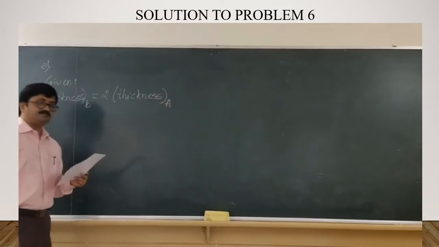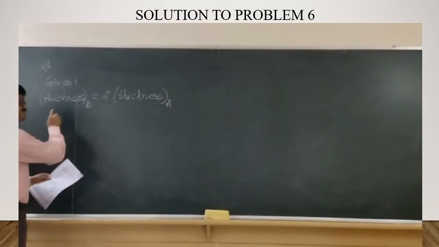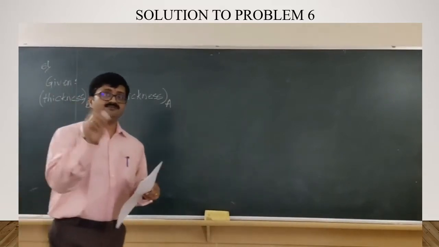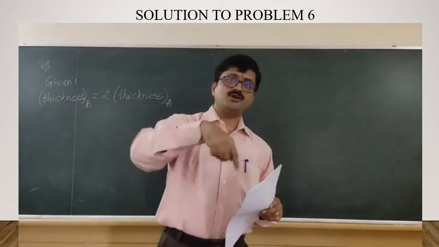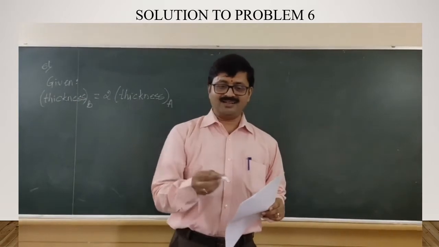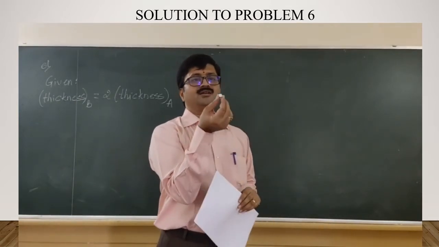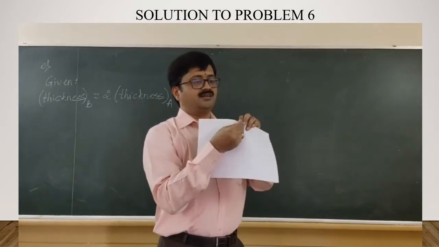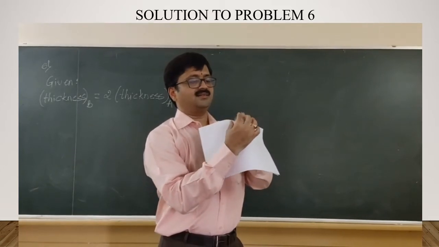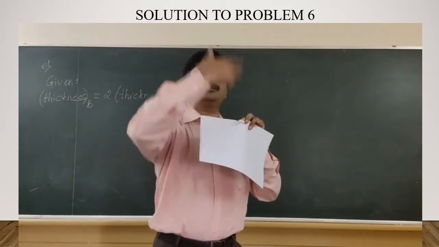So this is mentioned in the problem. Now, since the thickness is twice, definitely the diameter is also twice. Do you agree on that? Suppose in this particular wire, if the thickness is double, then the diameter will also become double, no?